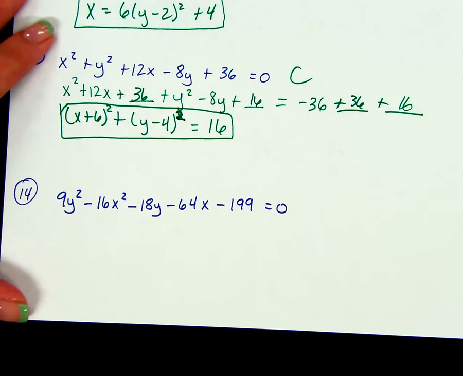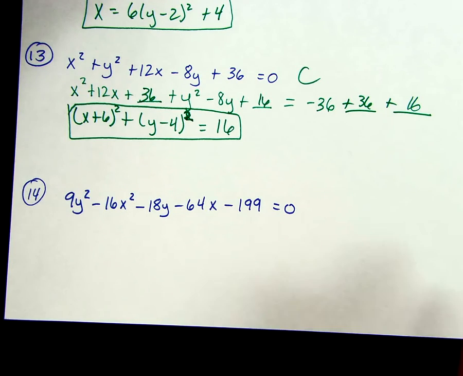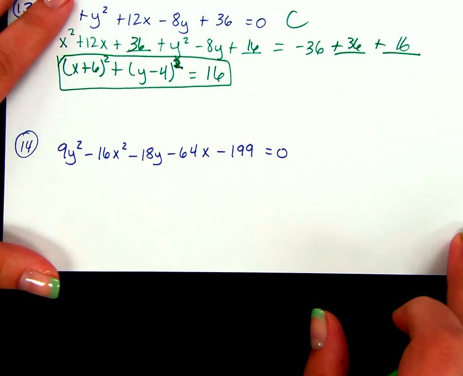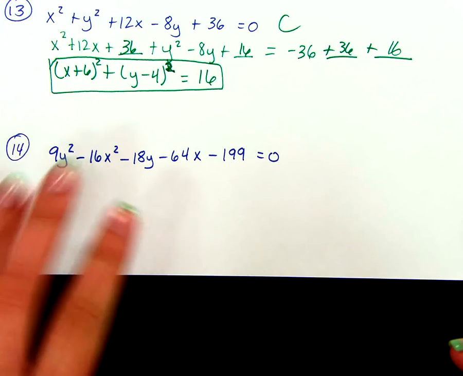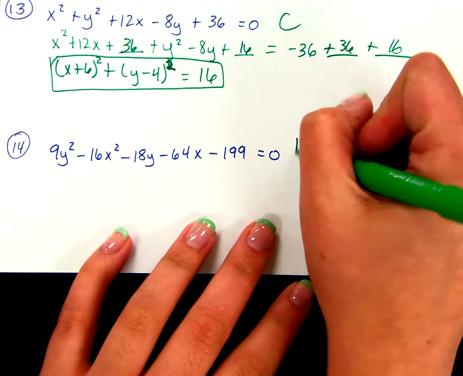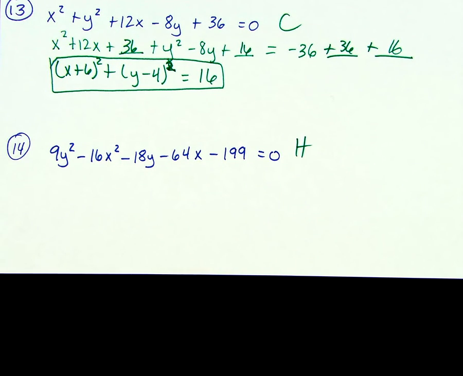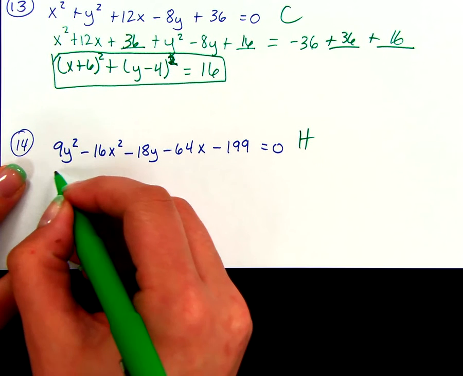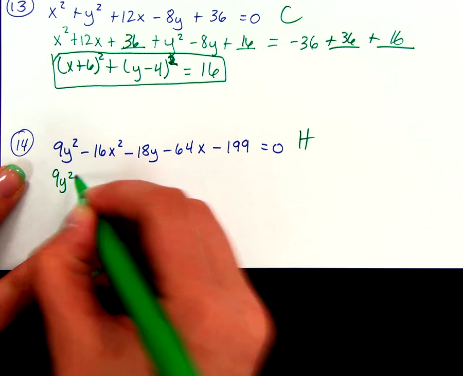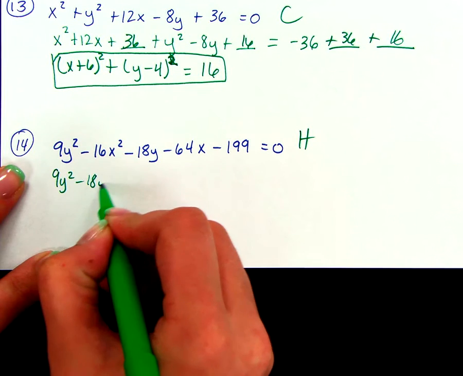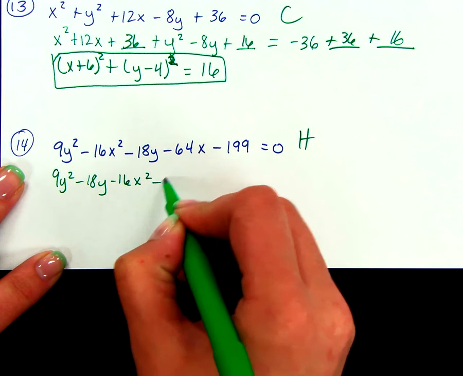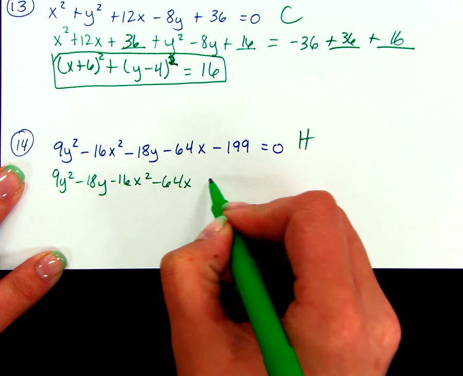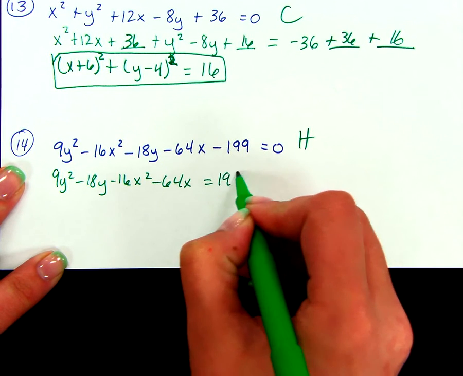All right, last problem. So again, looking at this, we have a hyperbola. We have two square terms. One is negative. So we are going to group x's and y's together, and then we are also going to need to do some factoring for this one. So 9y squared minus 18y minus 16x squared minus 64x, and then we're going to add the 199 over.